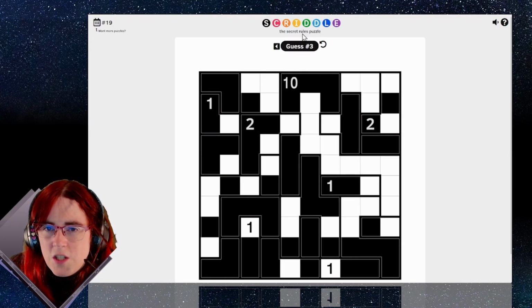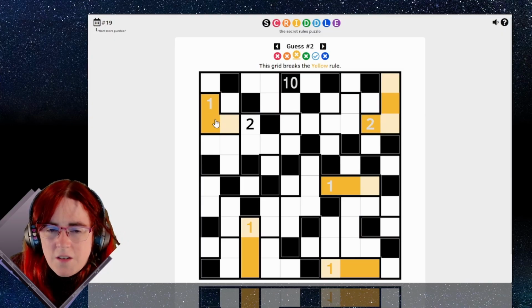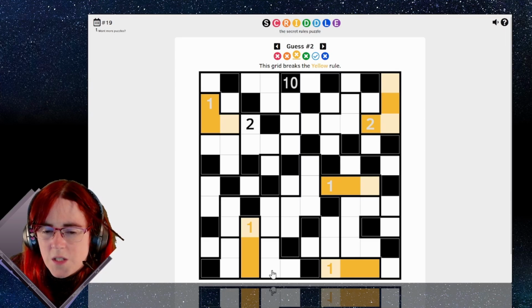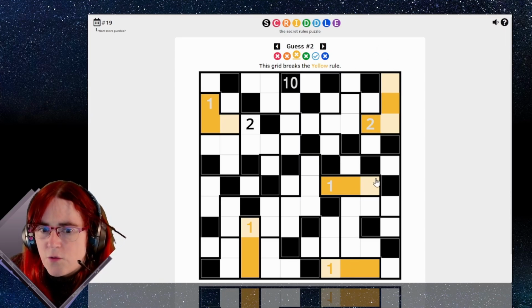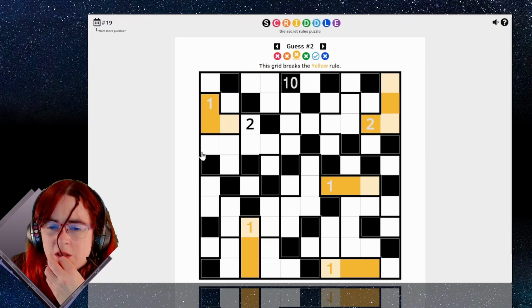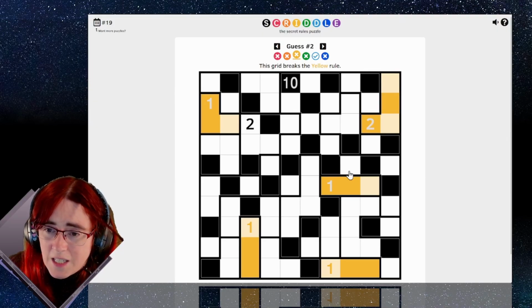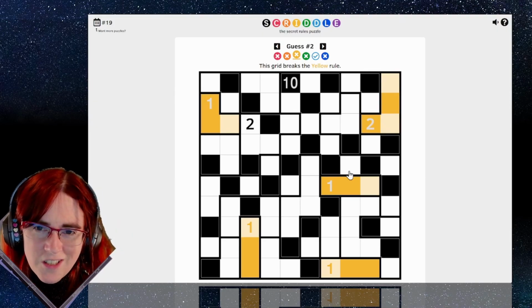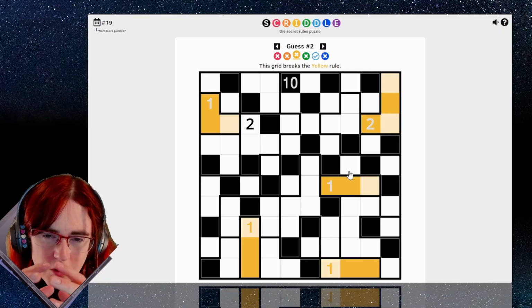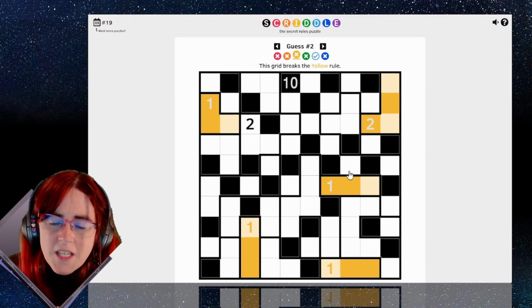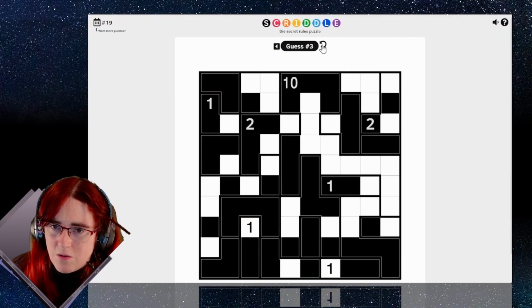I've not changed the contents of any of the yellow shaded rooms here, but I have changed lots of stuff around them, and I want to see, do any of them change their properties? Do they become more or less? My hypothesis is that they should be exactly the same, and that's going to help me come to the conclusion that the rule is only a property of what's inside the room and not what's outside the room.